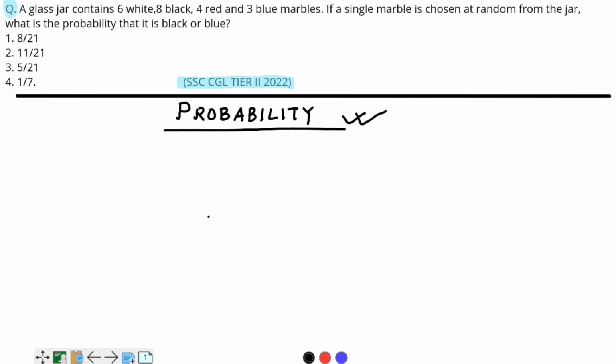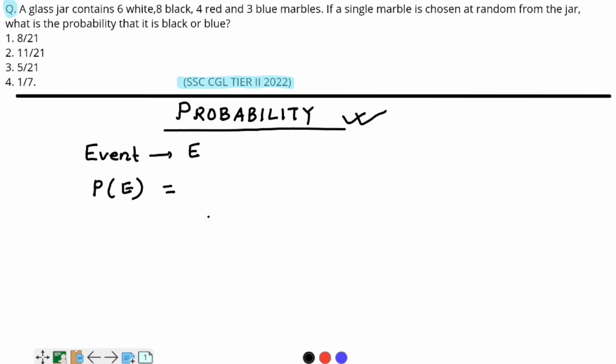So first of all, let's understand what probability is. Probability is defined as, let us suppose this is an event, and the event is written as E. So we write P(E), that means probability.